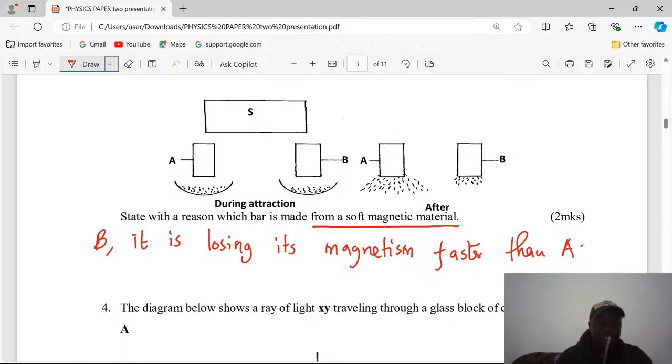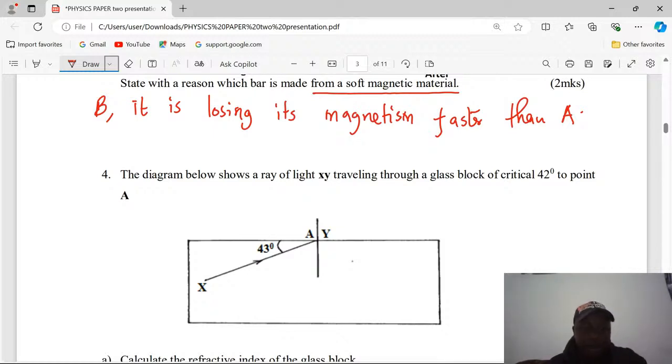But now that they have been taken aside, this experiment shows which one is losing magnetism faster. Remember, soft magnetic materials will gain magnetism very fast and lose the same magnetism also very fast.